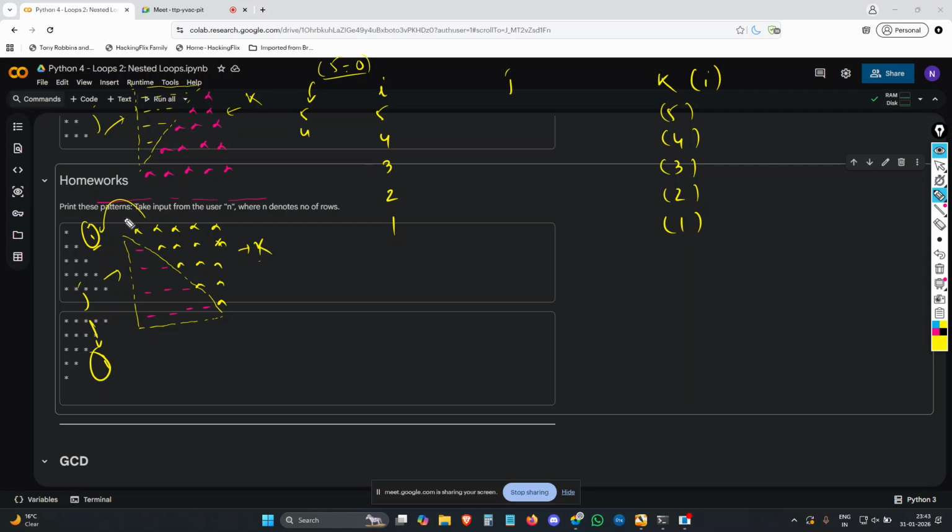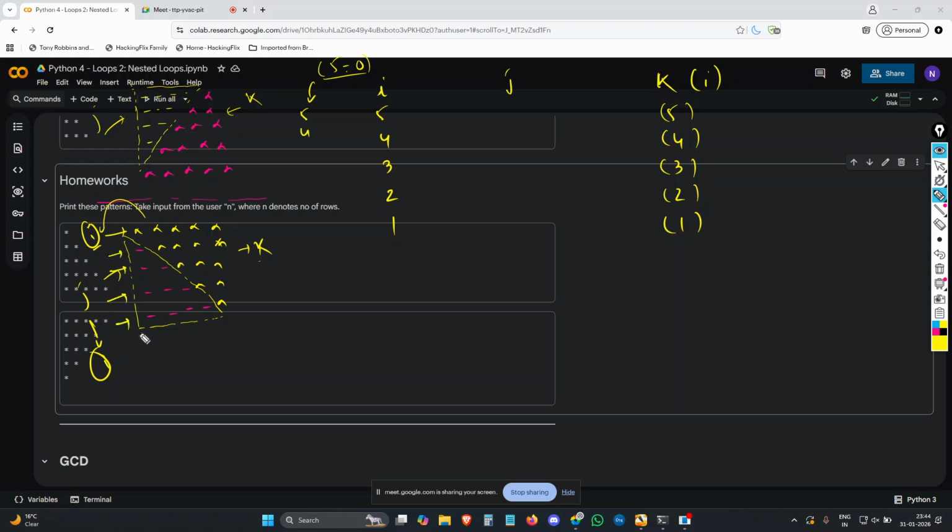Now my J is what? In the beginning, J is nothing. Your right side you take as K, and left side you take as J. And what about I? In the pattern you see, K is right, J is left, then I. And I is forming the rows.